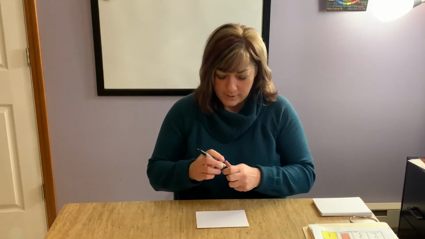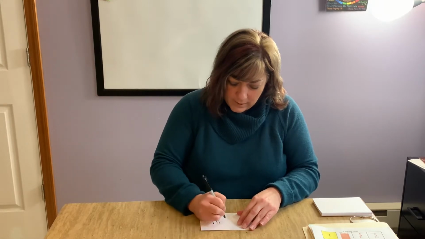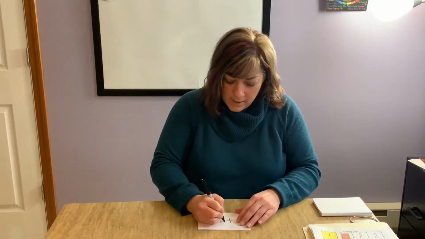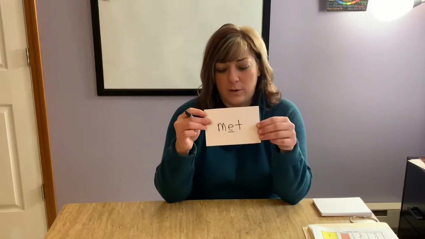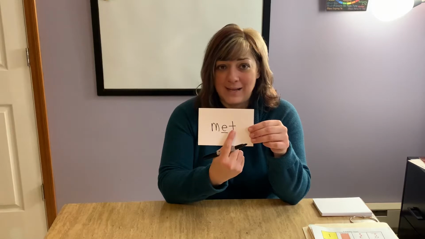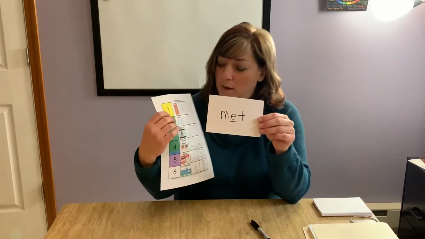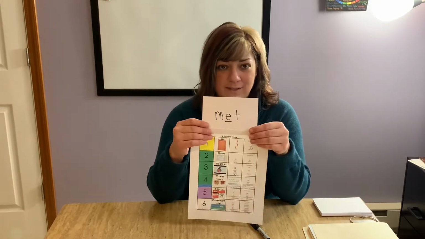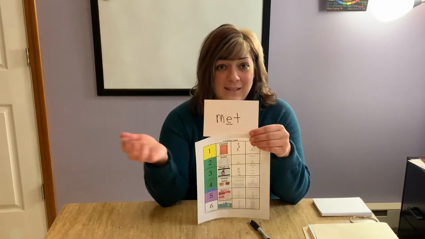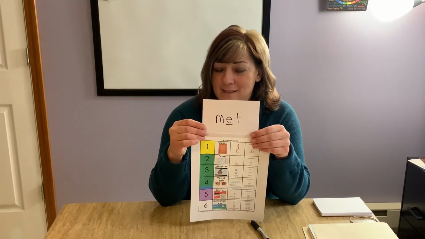Closed syllables are words that have just one vowel sound, or one vowel letter, in the middle of the word. So if we look at this word, our E is the vowel in the word. That E is not at the end of the syllable, and it is blocked in by the consonant T. So again, we call this a closed syllable, and we say that that T is closing the door or shutting the door so that E doesn't get to say its name.